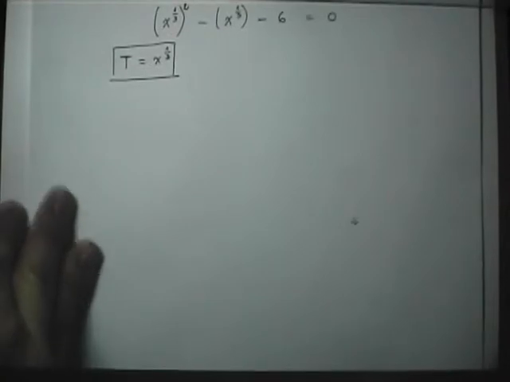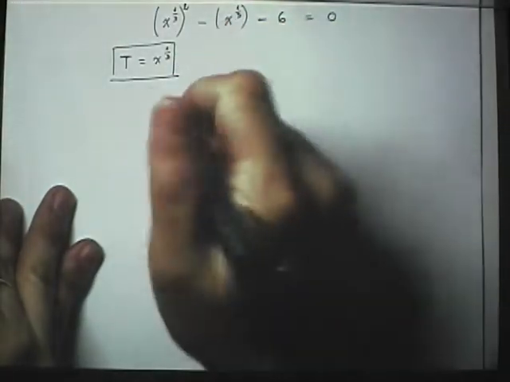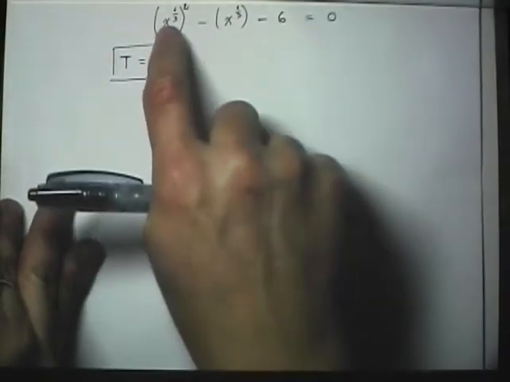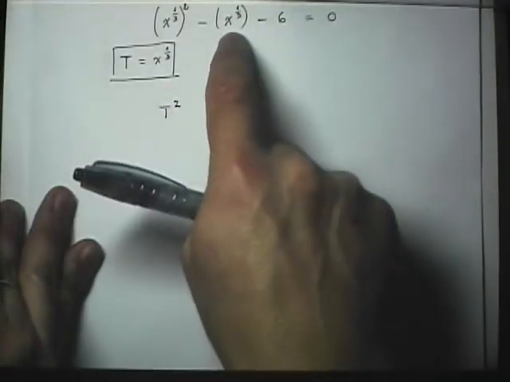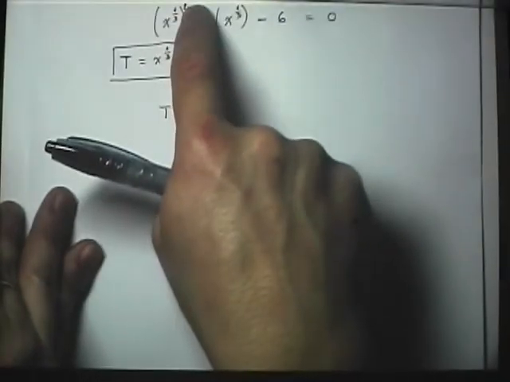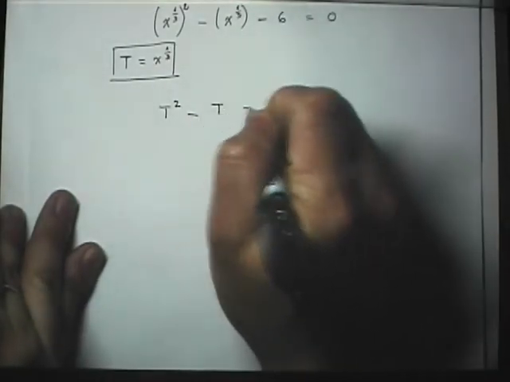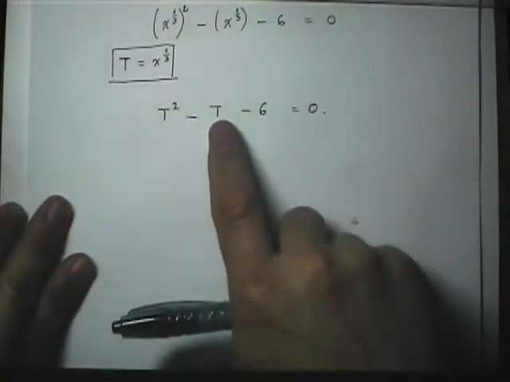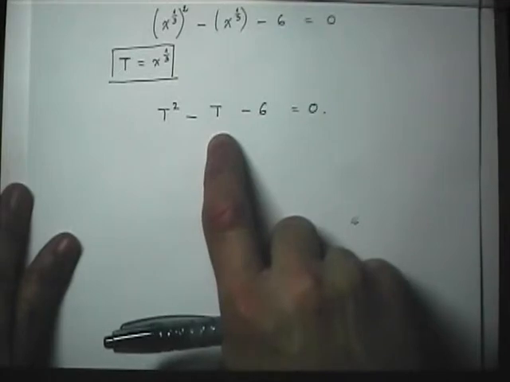Now, substituting t for x to the 1/3 power, my current equation becomes t squared, because anywhere you see x to the 1/3, it is replaced by a t. So the equation becomes t squared minus t minus 6 equals 0. And at this point, clearly everything is a quadratic equation in terms of t.